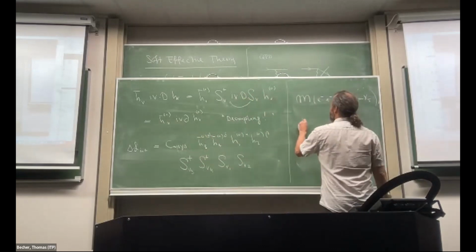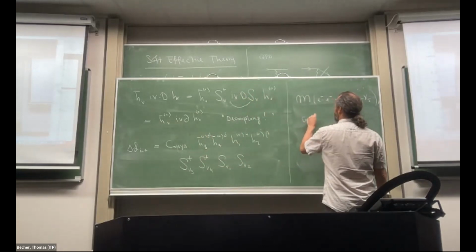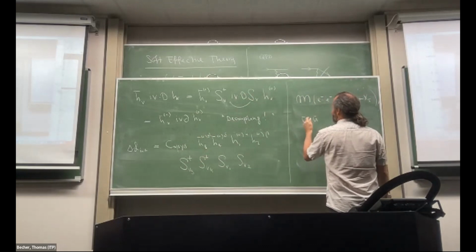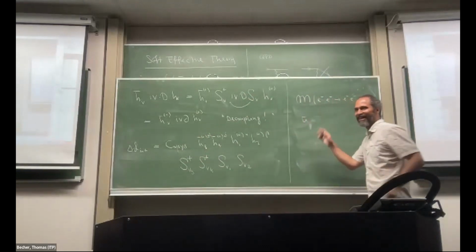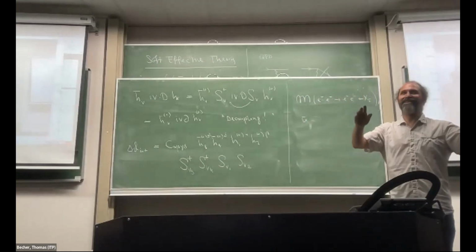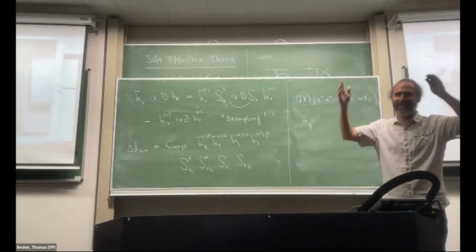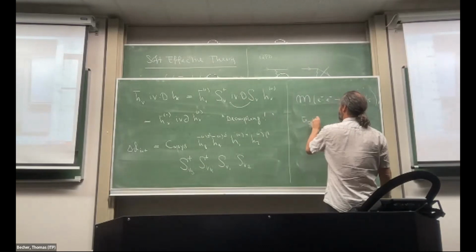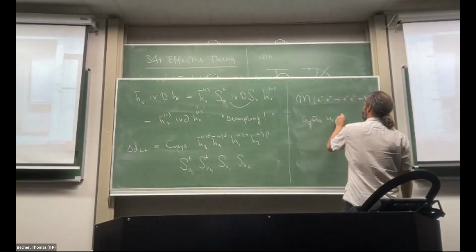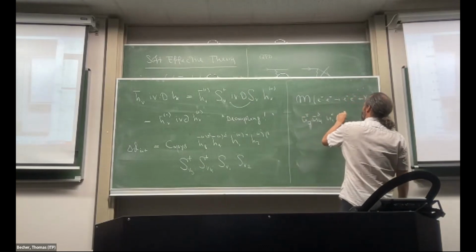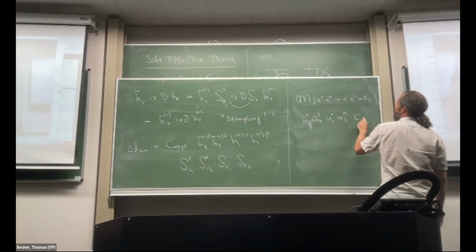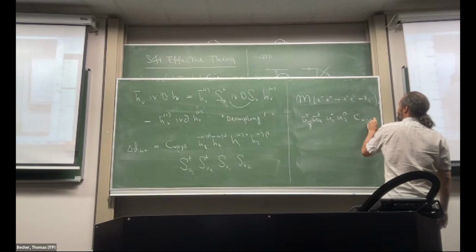So you really just get this u bar 3, u bar 4, u 1, u 2, with indices gamma, delta, alpha, beta times C_alpha beta gamma delta.